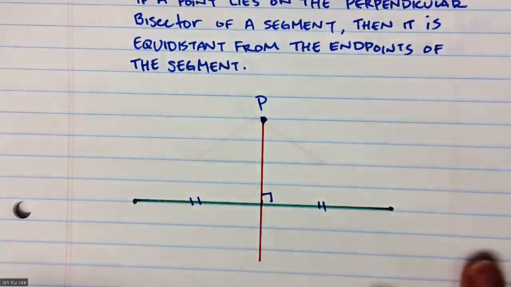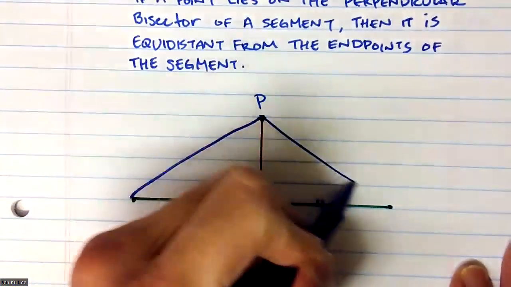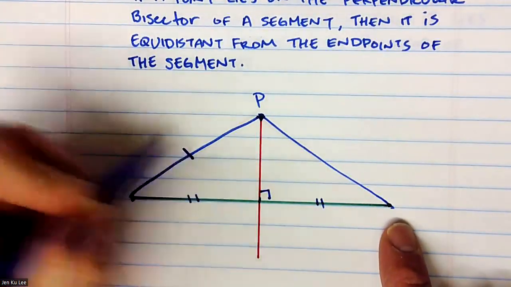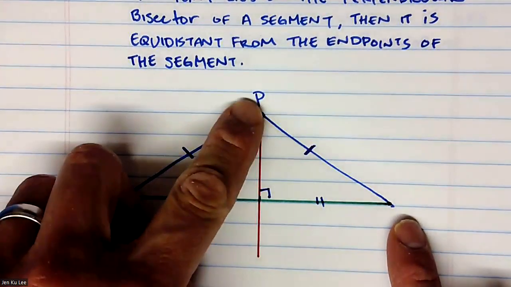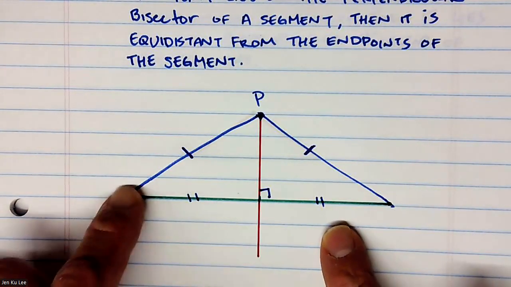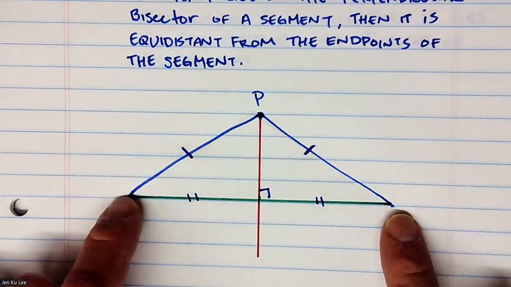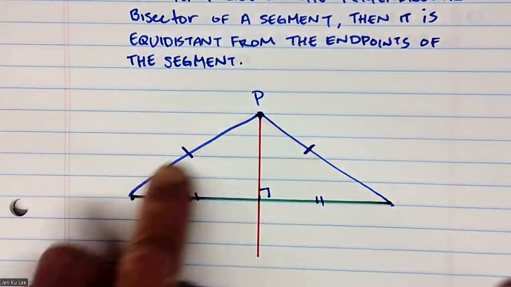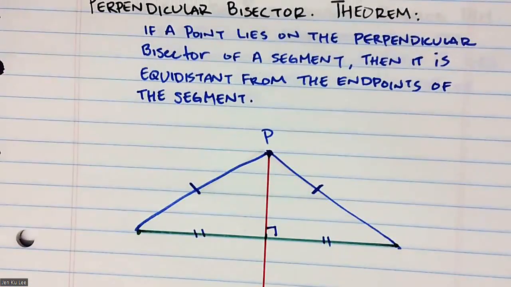If I draw two segments that connect P to the two endpoints, then this is also equal to this. So I would have an isosceles triangle, because two sides are equal, and P is equal in distance to the endpoints of that segment.